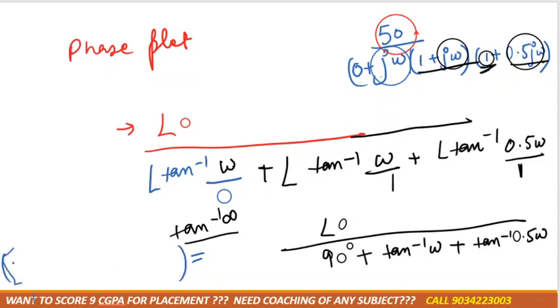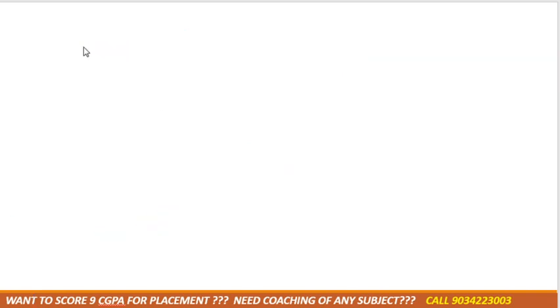If I shift it to the numerator, then we'll get minus 90 degrees minus tan inverse omega minus tan inverse 0.5 omega. So the phase is minus 90 degrees minus tan inverse omega minus tan inverse 0.5 omega.